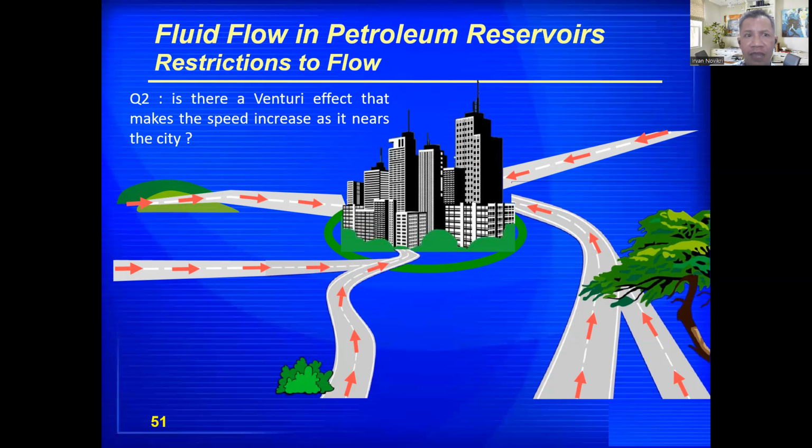The velocity term is what is called non-Darcy flow, and it can be caused by this restriction, because now the velocity of the fluid, again same volume, smaller area, has to go up and becomes dominant.